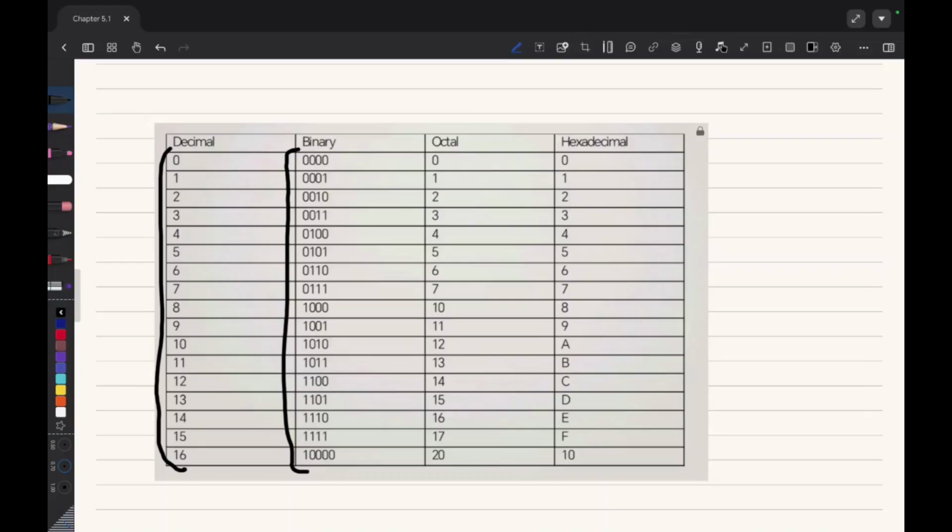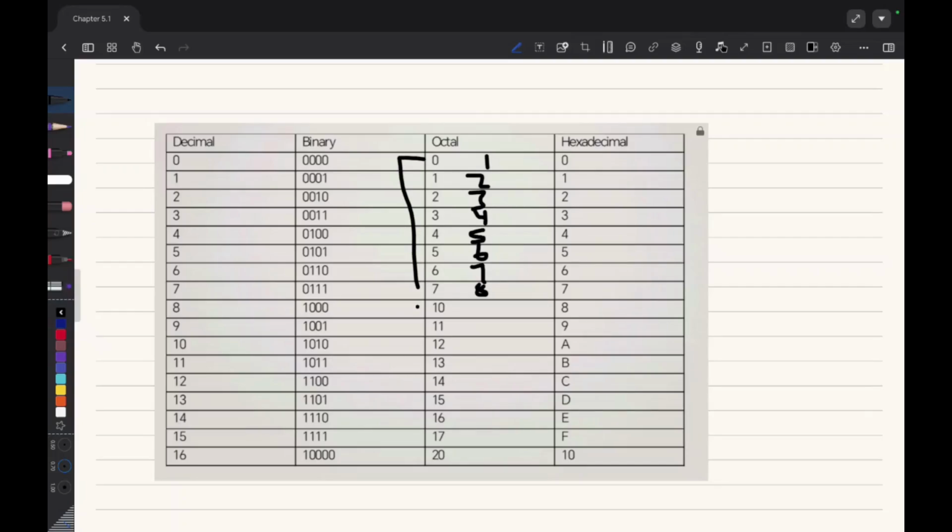Now, how I'd like for you to remember this is that the octal numbers are 8. From the initial number to the last number, it's 8. This is the first number, second, third, fourth, fifth, sixth, seventh, eighth. These are 8 numbers, right? Now from here up to 17, it's still 8 numbers.